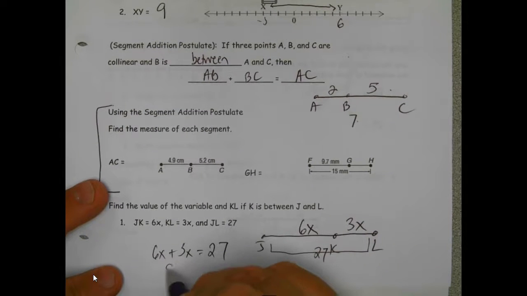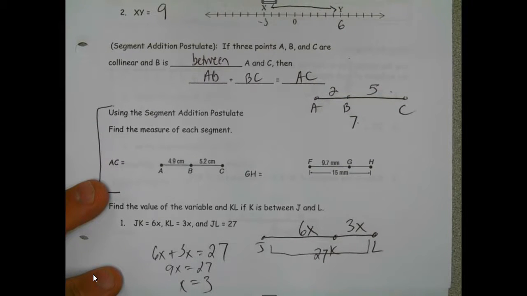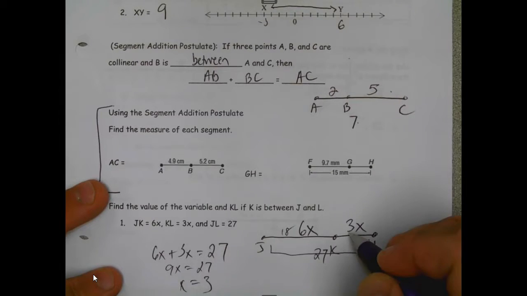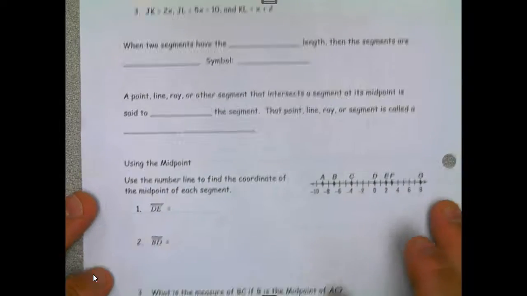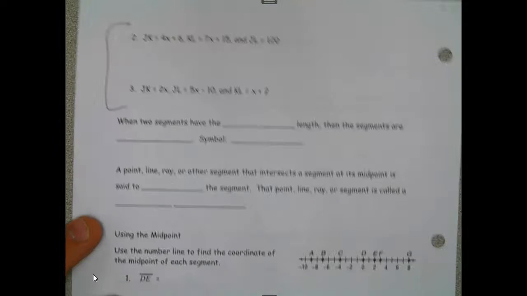And so 9x is equal to 27, and x is equal to 3. And so then once I do that, I can verify all of this because now this part is equal to 18, this part is equal to 9, and 18 plus 9 is 27. We're going to use that to answer these two together in class.